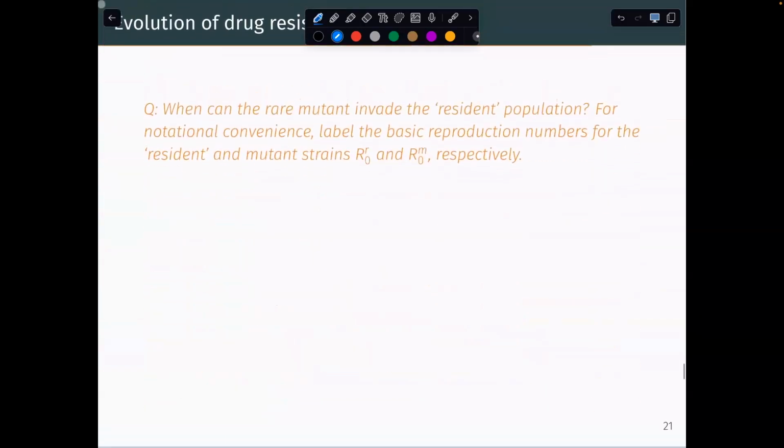Okay, so let's think about when our rare mutant can invade the resident population. Well, for notational convenience, we're going to label our base reproductive numbers for our resident and mutant strains as R0 with a little r for resident and R0 M for our mutant.